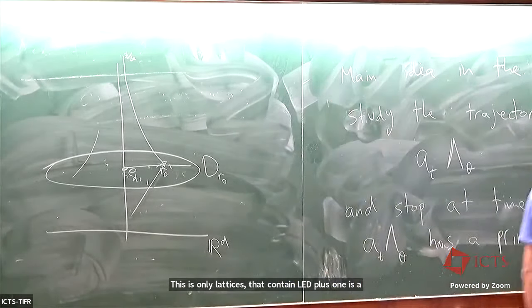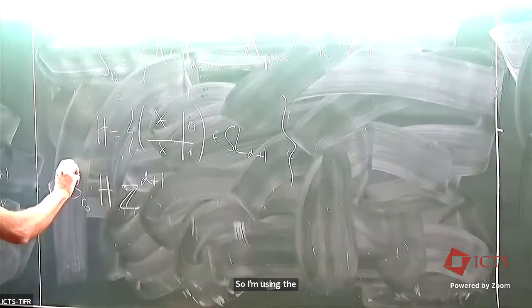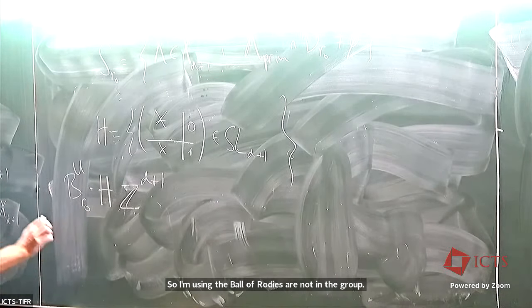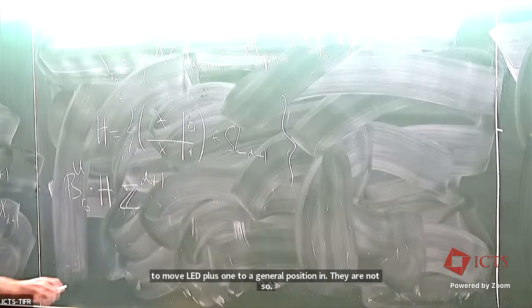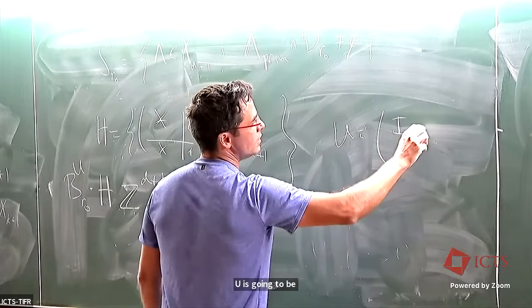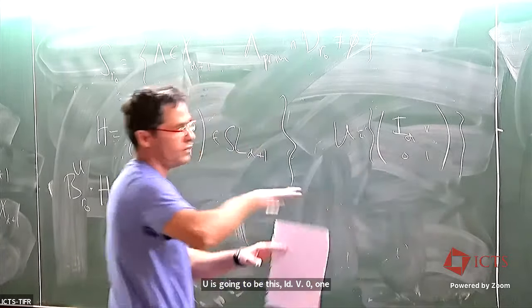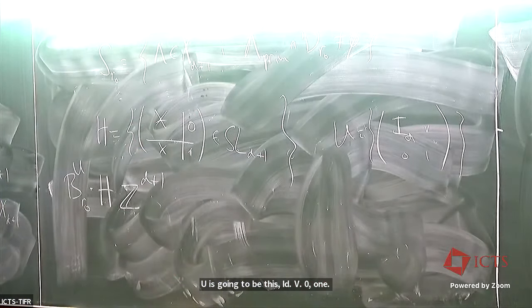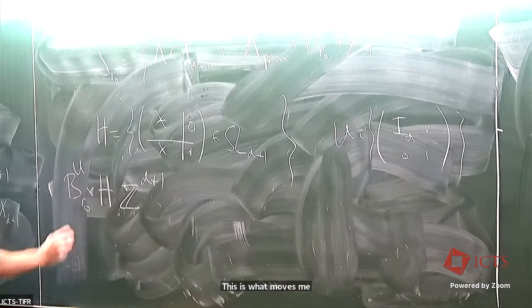So I'm using the ball of radius R_0 in the group U to move e_{d+1} to a general position in D_R0. So U is going to be this, the matrix with I_d and v, 0, 1. This is what moves me horizontally. And this thing is not far away from the product.